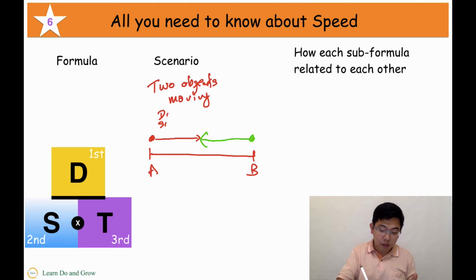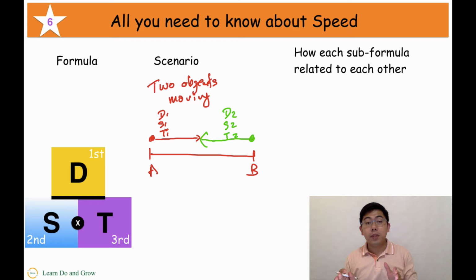D1, S1, T1, D2, S2, T2. Later on when I show you an example, you will see why I asked you to do this. The reason is that when you do that, the whole thing will be very, very clear. Okay, so this is another scenario of the two objects moving. So let me proceed on to the next portion.